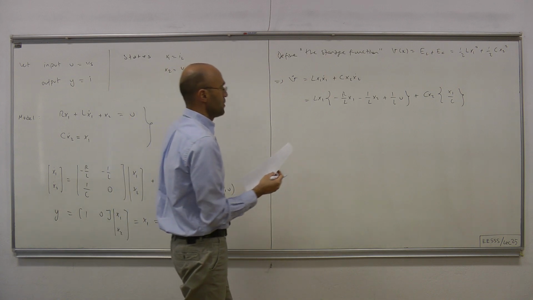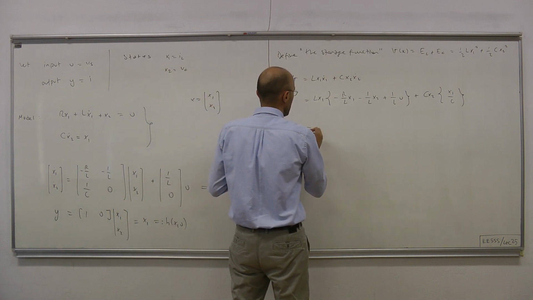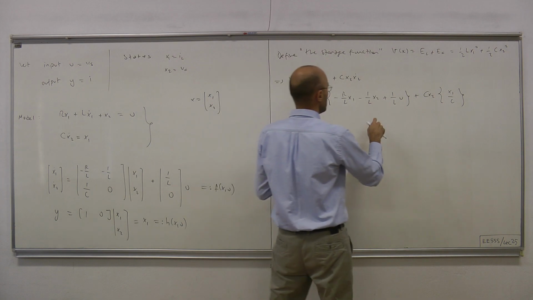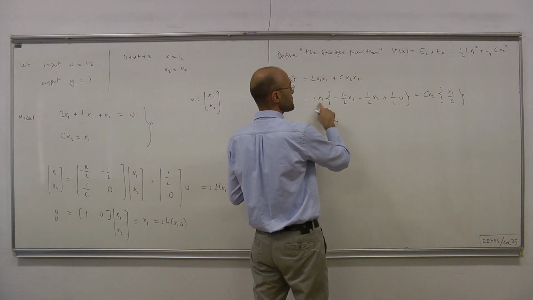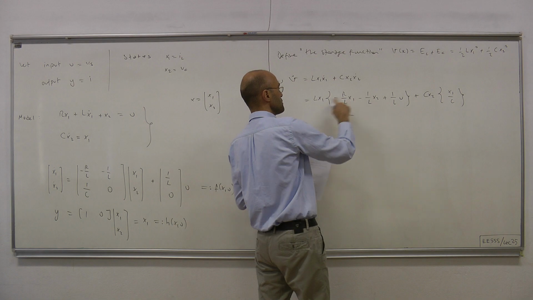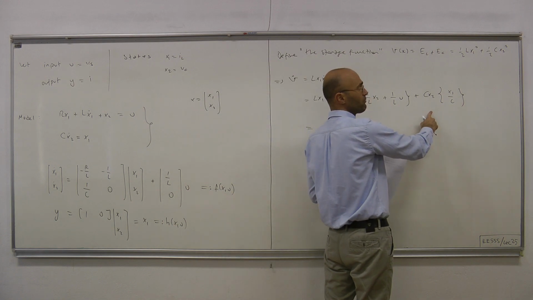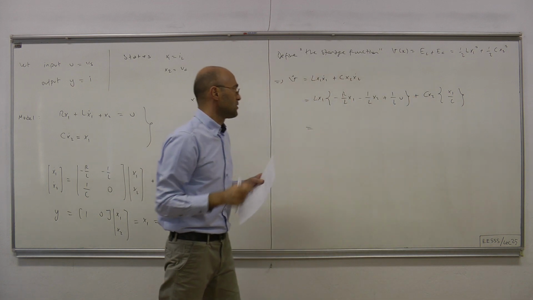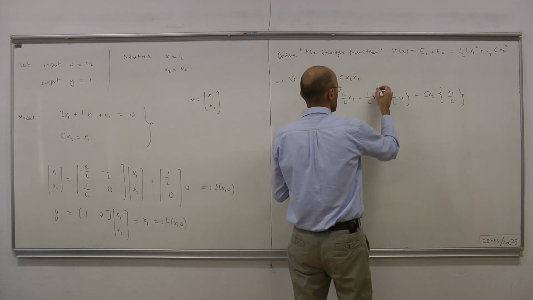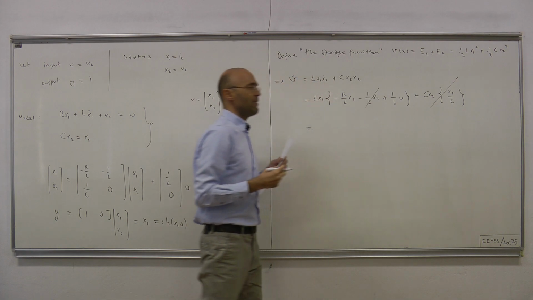So what we have therefore is a minus x1 x2 term, because this L and that L will cancel. And here we have an x2 x1 term, where that C and that C will cancel. So there will be cancellation of this term and that term.